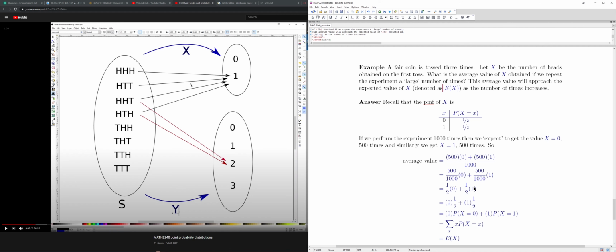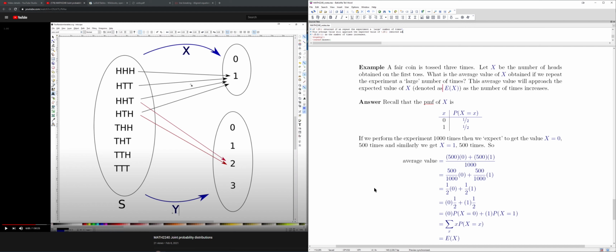So my average value is going to be a half times 0 plus a half times 1, which I'm going to rearrange slightly. Let me work out the average value that I would get here. If you work this out, it's just going to be a half.